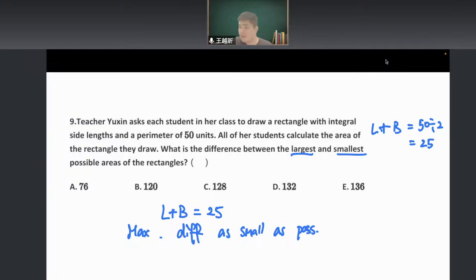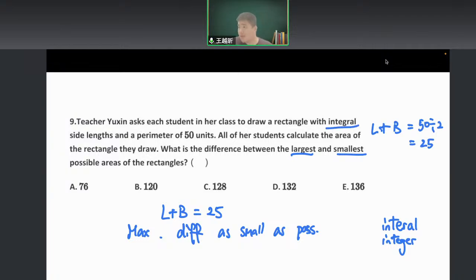When you calculate the smallest difference, you need to pay attention that they are integral, so basically integers. So you want them to be as close as possible. Look at the question, integral.